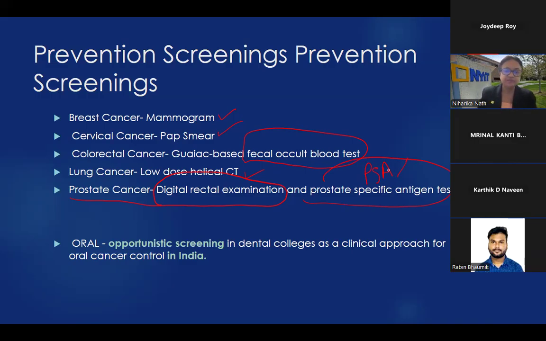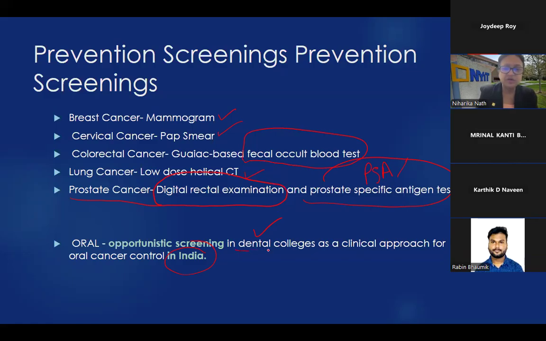And in India, particularly, big-time prevention should be considered in all the dental colleges for oral cancer. If people are going to take pan and betel nut and tobacco, that's fine, as long as they keep screening.